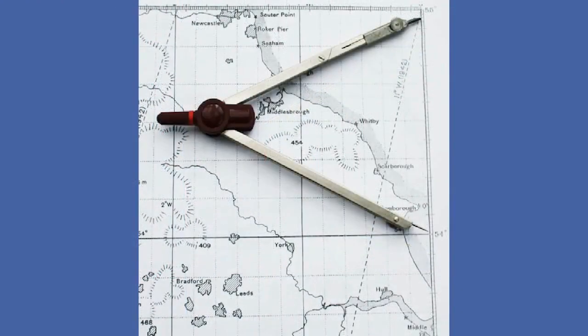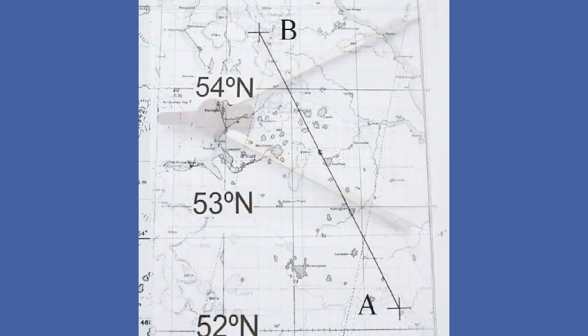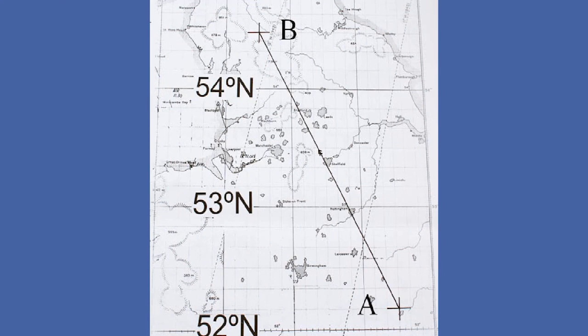And between 54 and 55 north, the same distance now represents 58 nautical miles. The chart length is the same, but the scale is changing.